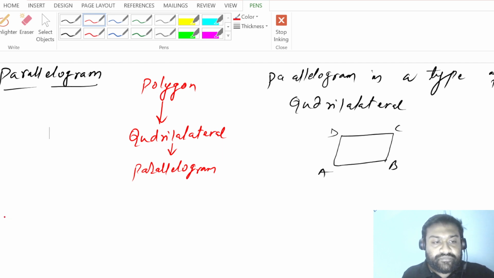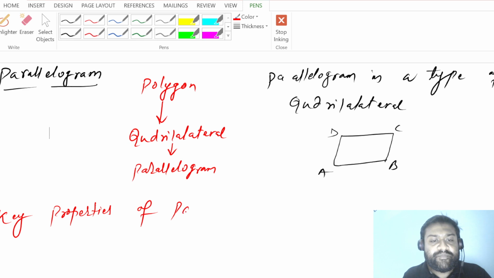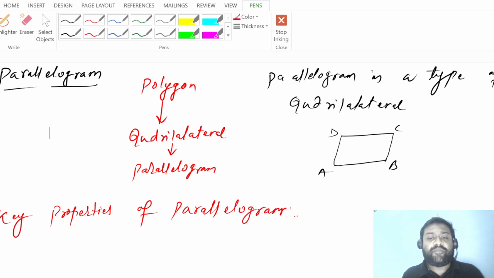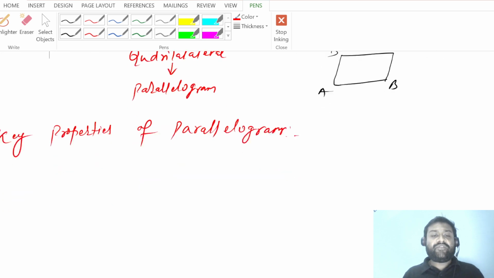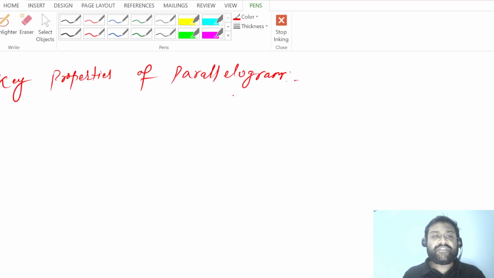Okay, so what is the key properties of parallelogram?